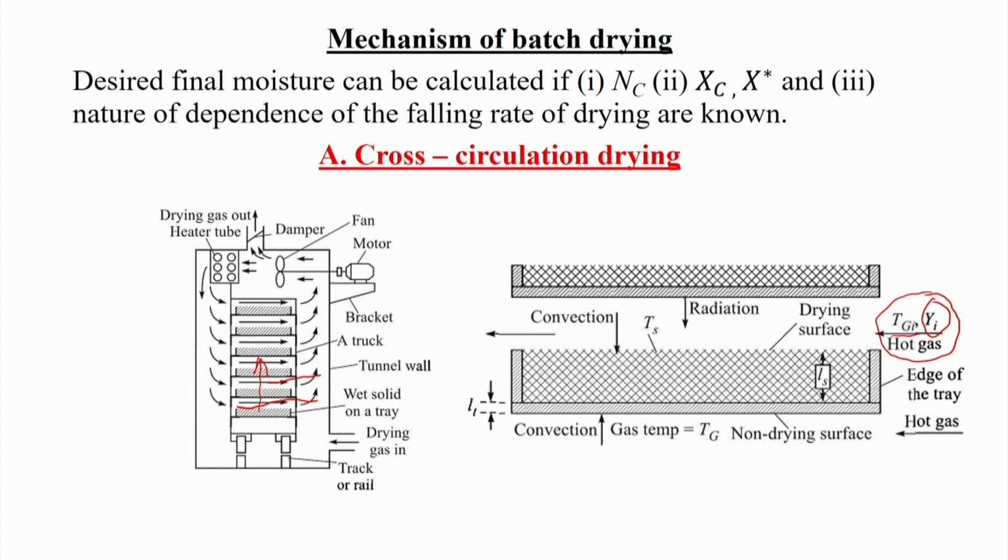The same hot gas will be entering all the trays, and when it comes out, the temperature of the gas will be T_g,out and the humidity will be Y_out. It is definite that the gas exiting the tray has more humidity.